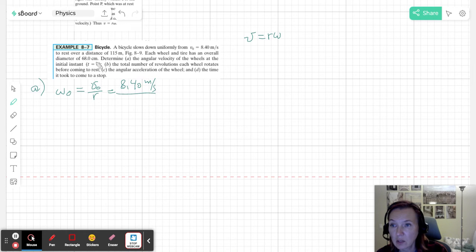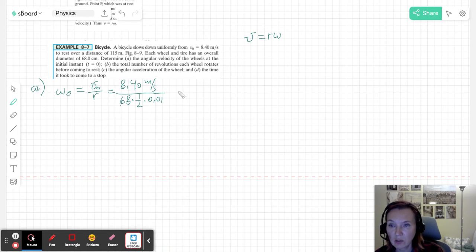The diameter is 68 centimeters, so we have to take 1/2 of 68 and convert it to meters by multiplying by 0.01.